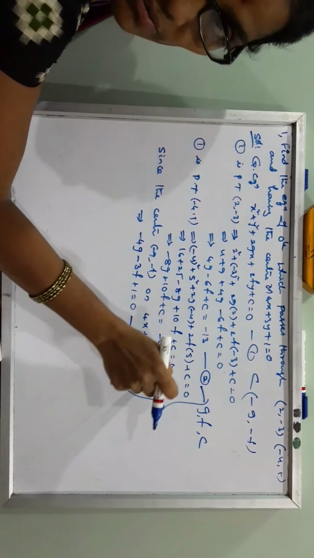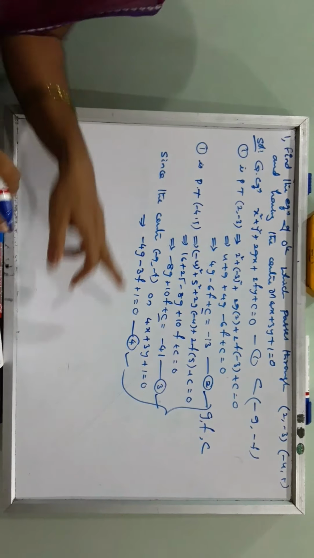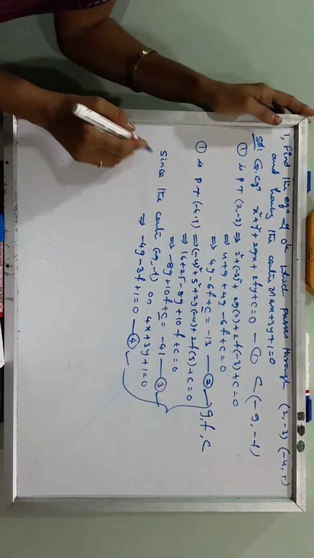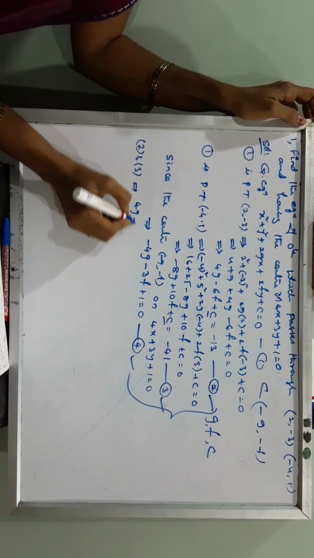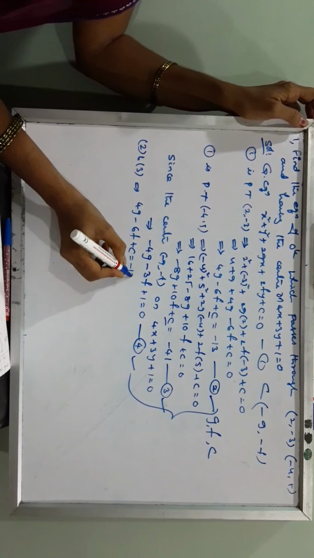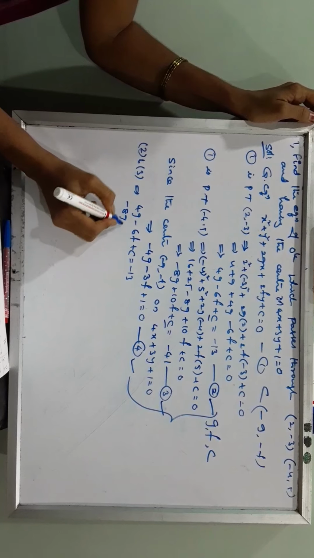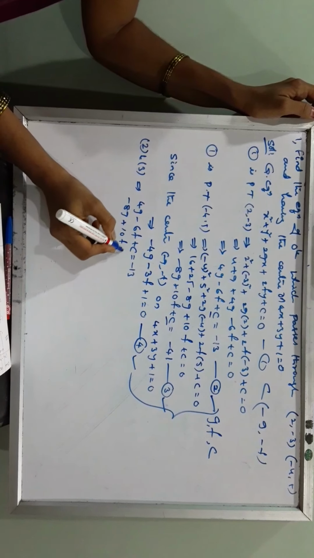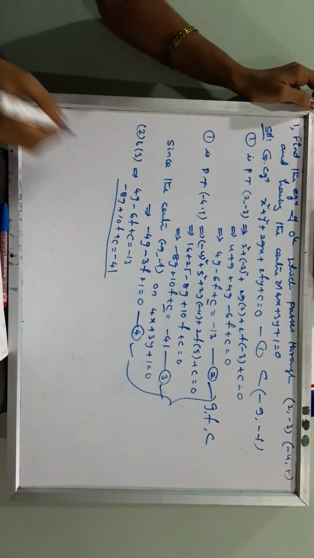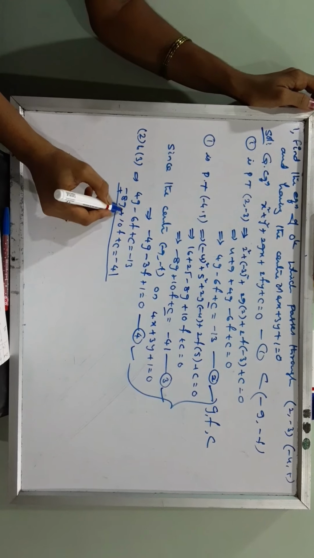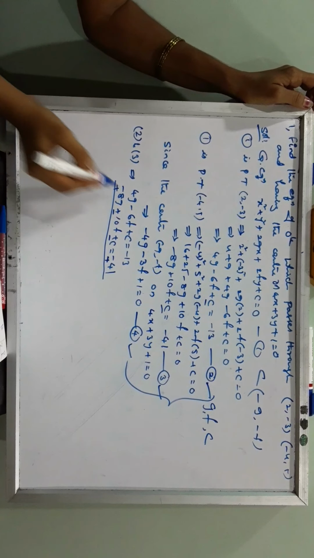From equations 2 and 3 we have to eliminate c first, because c is not there in the fourth equation. Equation 2 is 4g - 6f + c = -13 and equation 3 is -8g + 10f + c = -41. Subtracting, plus becomes minus and minus becomes plus.